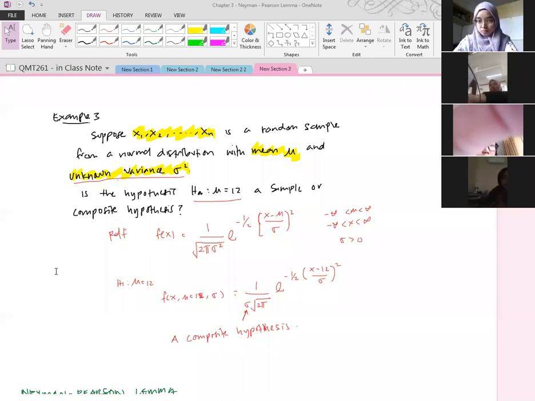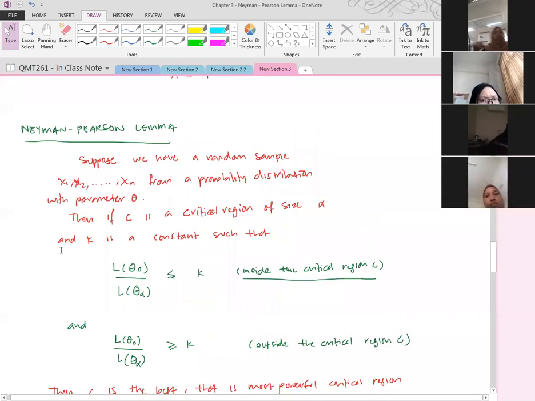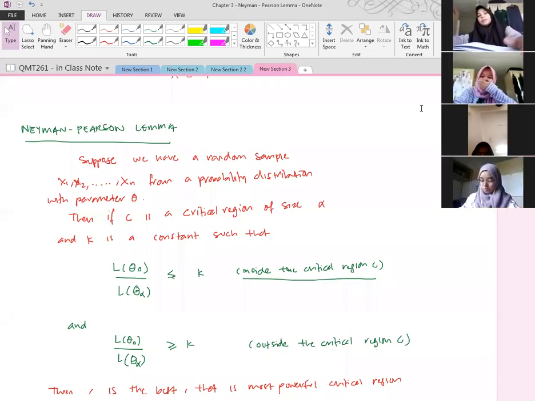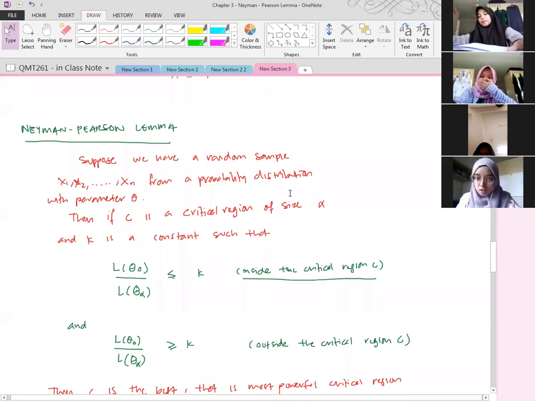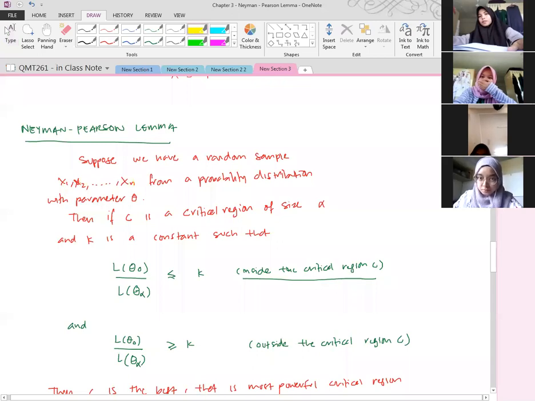All right, the Neyman-Pearson Lemma. Once we understand the likelihood function, how to get it, and how to differentiate between simple and composite hypotheses, we can move to the Neyman-Pearson Lemma. Suppose that we have a random sample x1 until xn from a probability distribution with a parameter theta.